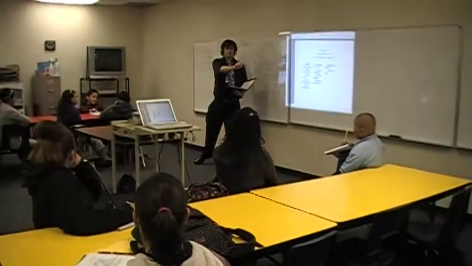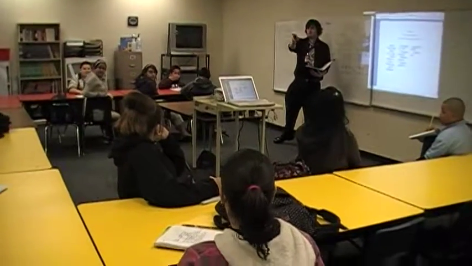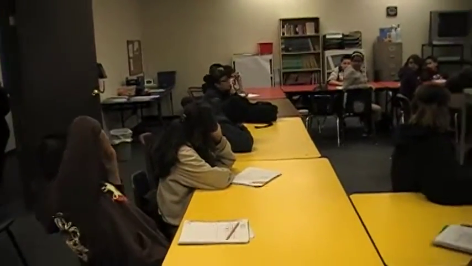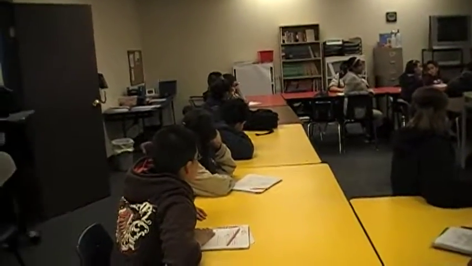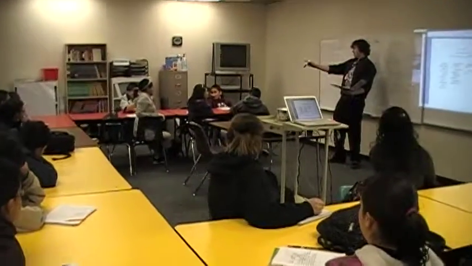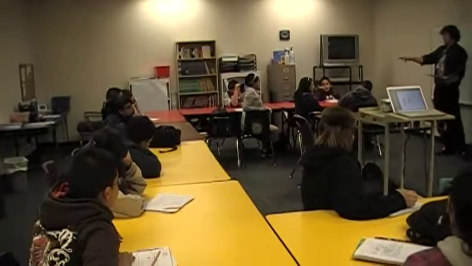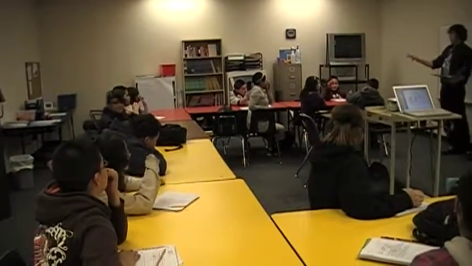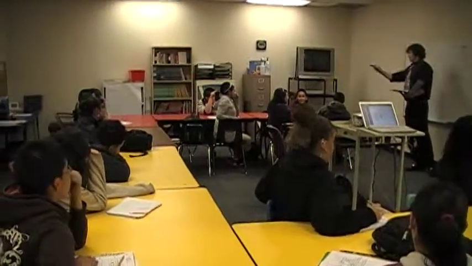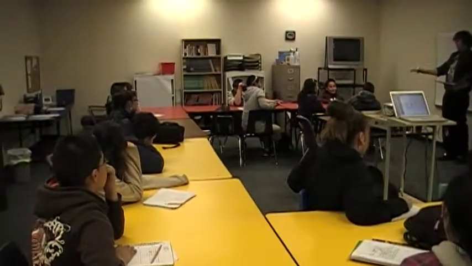So 1, 2, 3, 4, 2, 3, 2, 3, 1, 2, 2. Oh, you're 1. You're 2. But you're 1. Wait, were you 1? I'm 1. Okay, then you're 2. 1.